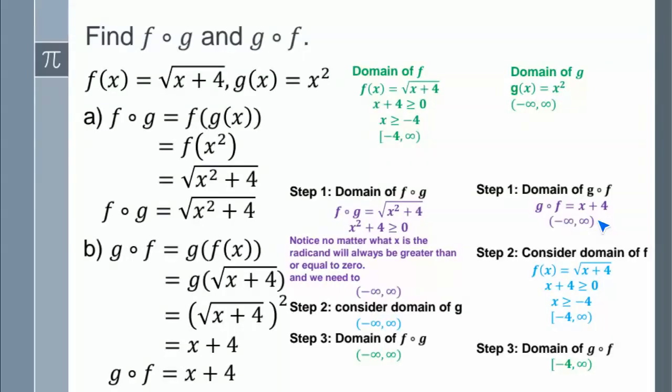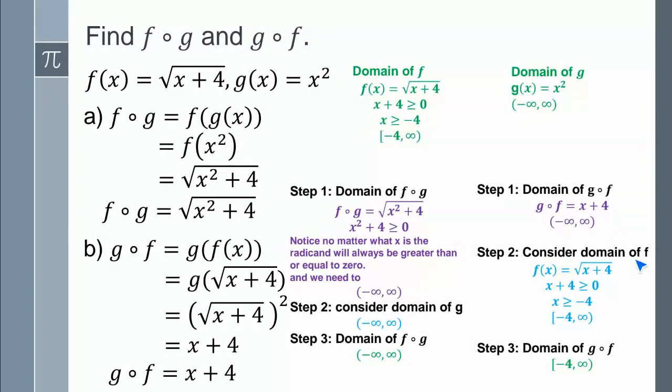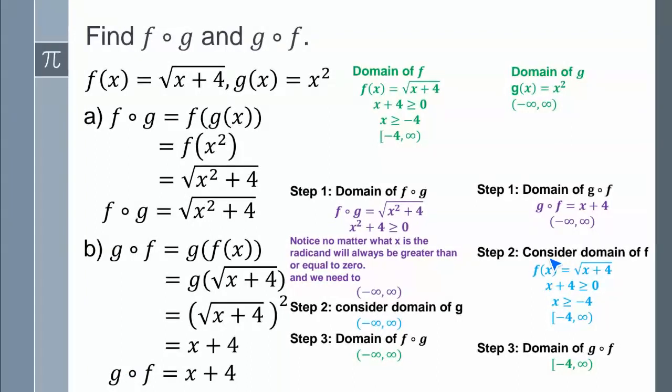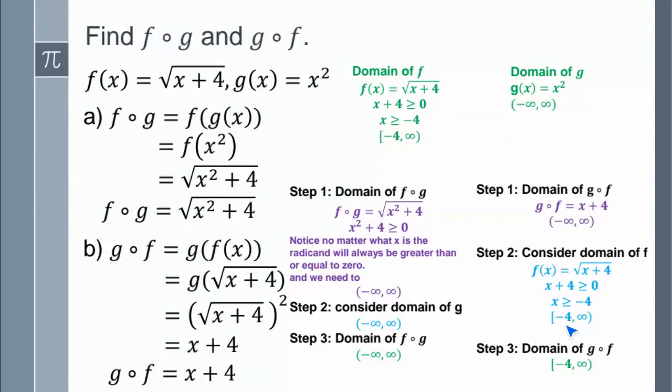To find the domain of the composition, you have to consider these three steps. So the next step here is to consider the domain of the inside function. So if we have g composed of f, we're considering the domain of f. The domain of f, we worked out up here earlier, so I wrote it down here again. So we would have that the domain is from -4 to infinity.